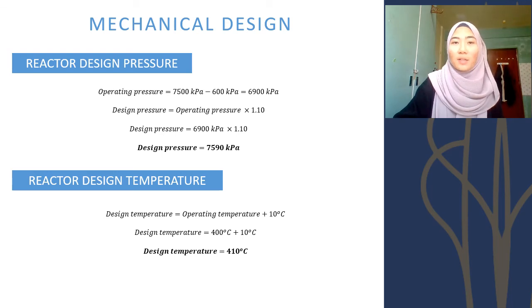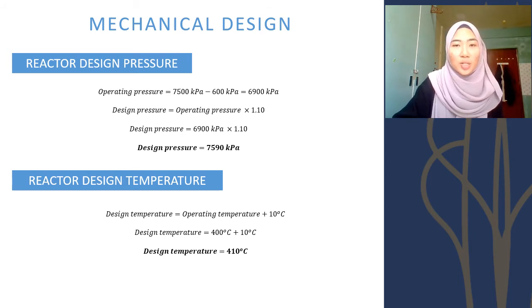For the reactor design pressure and temperature, the maximum allowable working pressure is also defined as the maximum gauge pressure permissible at the top of the completed vessel in its operating condition. The design pressure will normally be in the range between 5% until 10% above the normal operating pressure in order to avoid faults during minor process upsets. Hence, it gives the design pressure of 7,590 kilopascal.